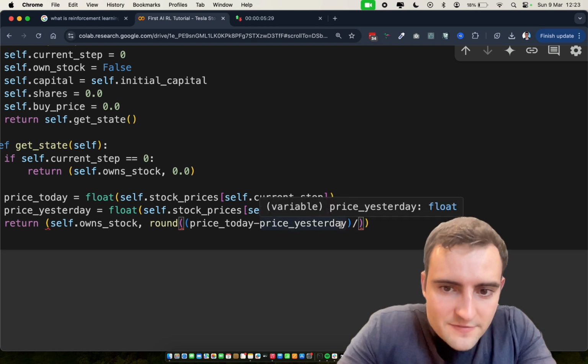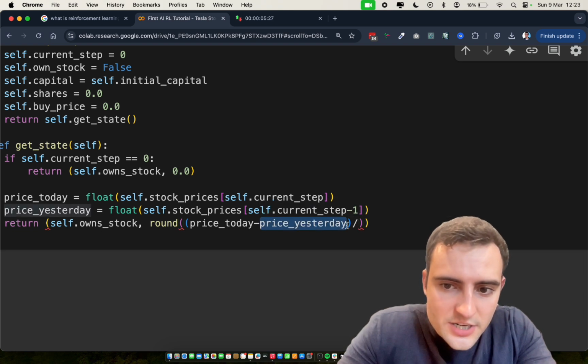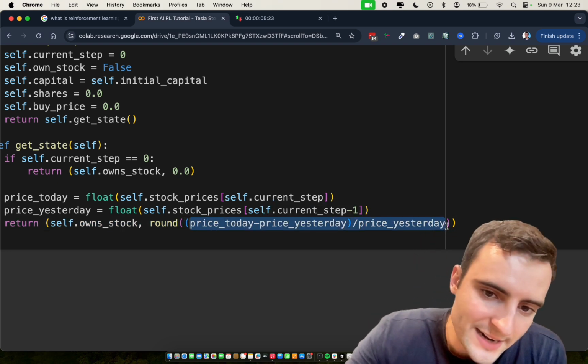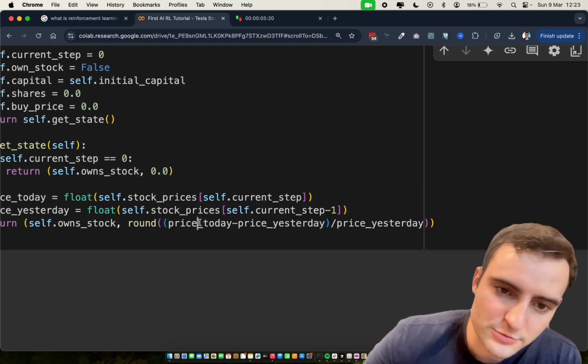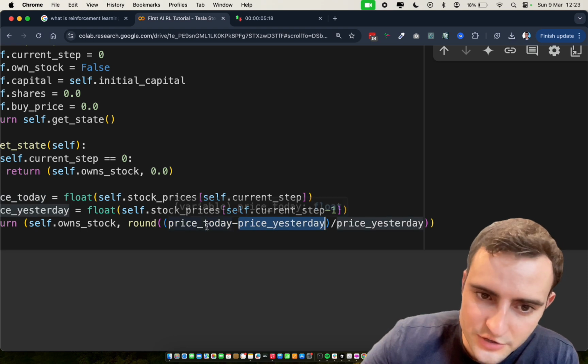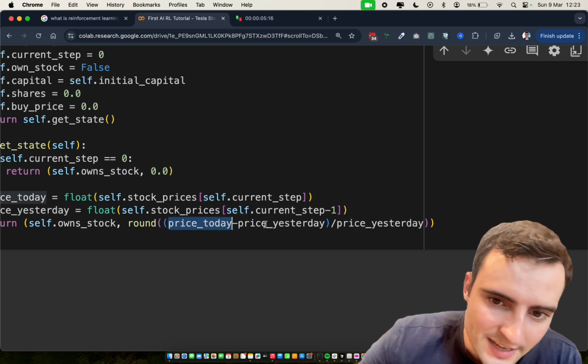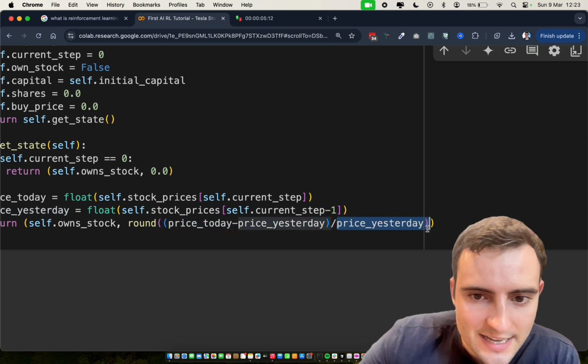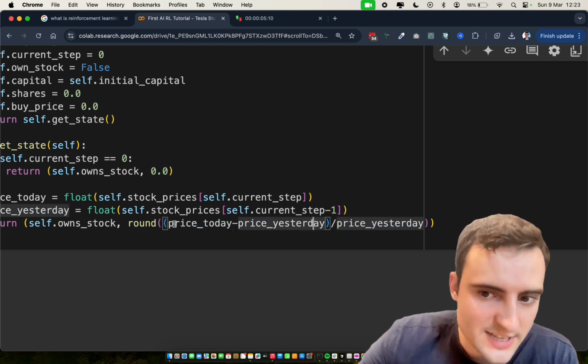This is the equation for finding the percentage difference. So the price today minus yesterday, let's say today was 110, yesterday it was 100, the difference is 10, and divided by the price yesterday, which is 100, is 10 divided by 100, which is 10%.